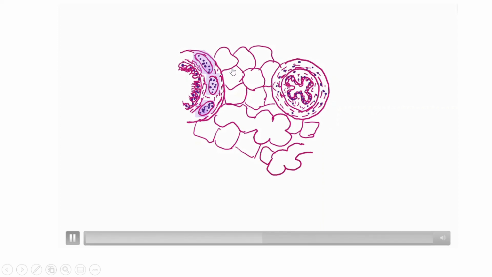Now here you can see these are all the alveoli, and at few places you can draw this showing the respiratory bronchiole and the alveolar duct over here. Now in between there are some blood vessels. These are the blood vessels.